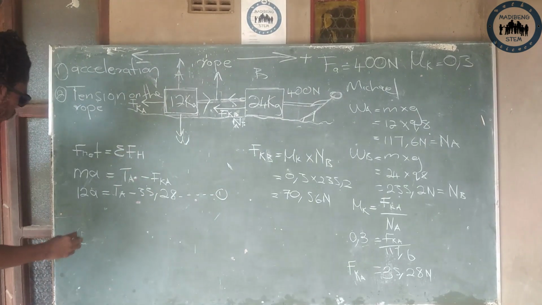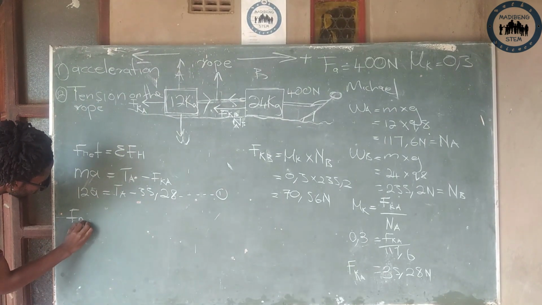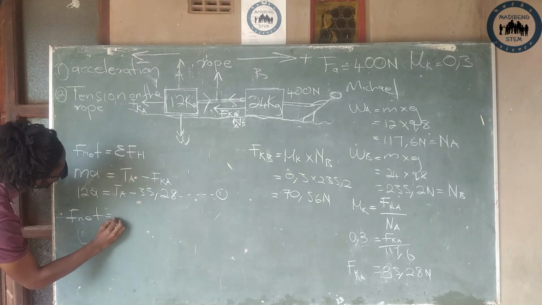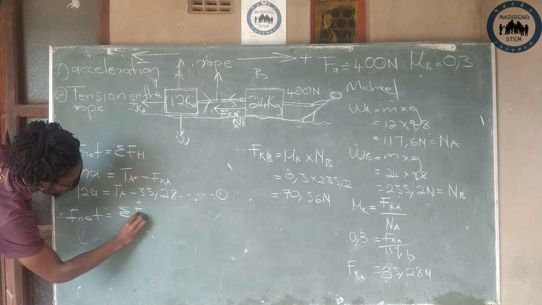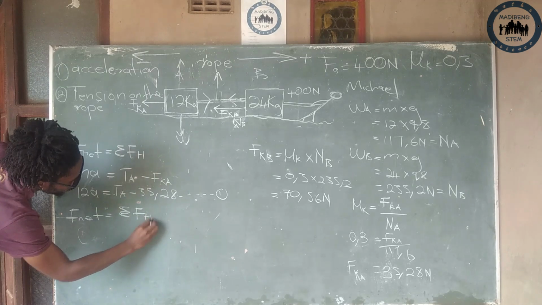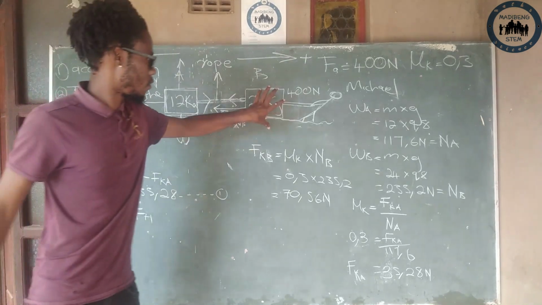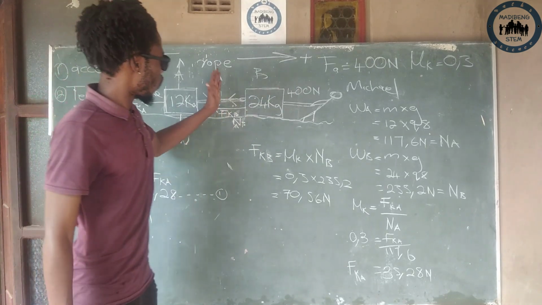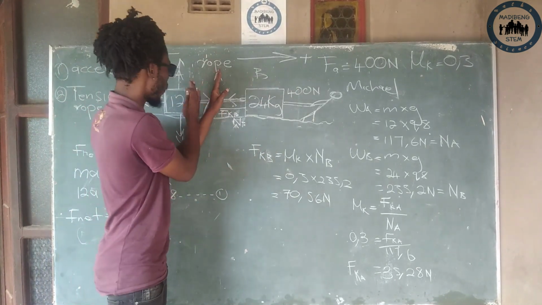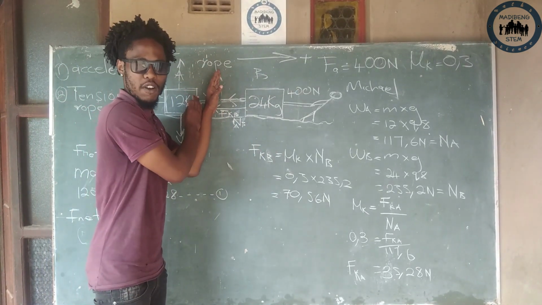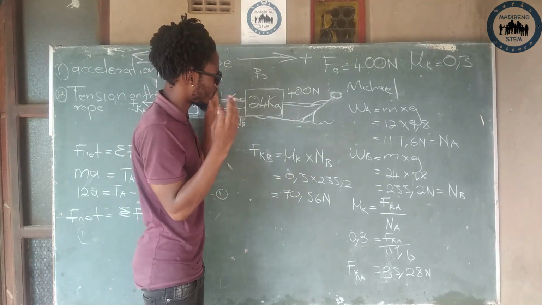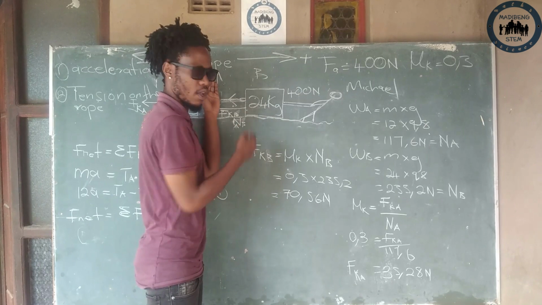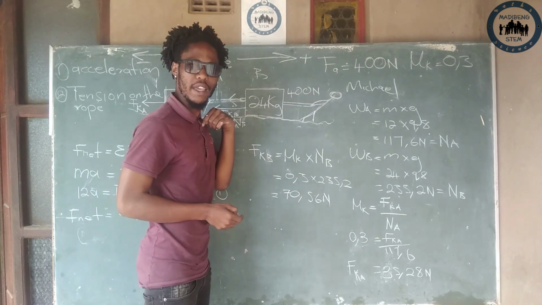F net is equal to the sum of the forces acting horizontally on this object. We forget about the other one for a little bit and focus on this one. What are the horizontal forces that act on this 24 kg object?